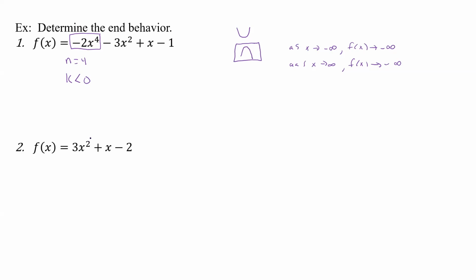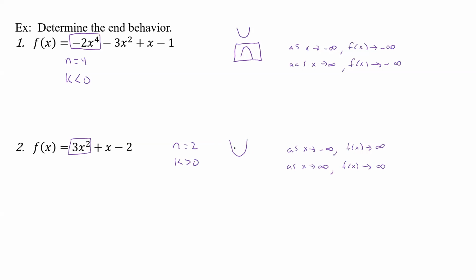Now this one, again, we have n even, so n is equal to 2, but this time k is greater than 0, so we have the top case, something like this. Then as x goes to -infinity, f of x goes to +infinity because it's going to go up. And as x goes to +infinity, f of x also goes to +infinity.